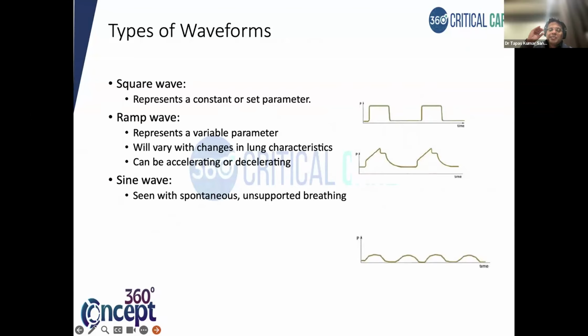If we have set the maximum pressure to be 20, it would be delivering till the pressure reaches 20. The ramp wave is a variable parameter, it will vary with changes in the lung characteristics. It can be accelerating, it can be decelerating. And the sine wave is seen with spontaneous unsupported breaths like this.